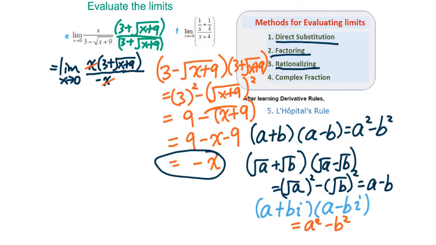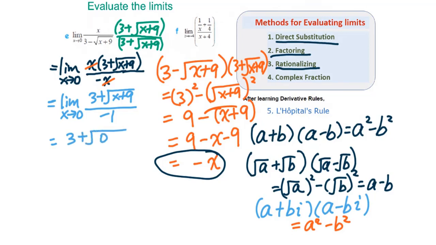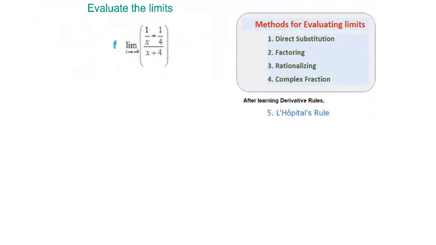You will get the limit as x approaches 0, denominator is negative 1, numerator 3 plus square root of x plus 9. Then this time, you will plug in 0. You will get 3 plus square root of 0 plus 9, over negative 1. So that you can get 3 plus 3 over negative 1. That is negative 6.